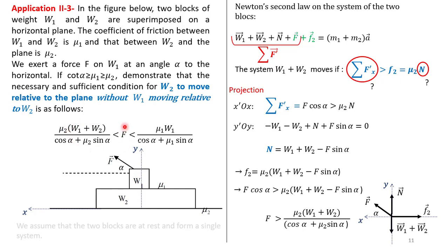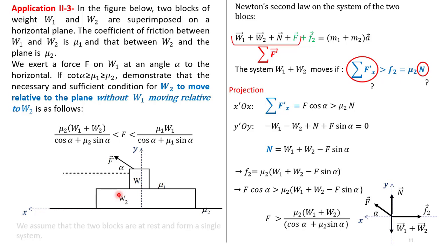Now we still need to prove the second inequality. As I said, we need to apply Newton's second law on another system to find that f is smaller than this quantity. So we have two options. We can apply Newton's second law on W2, but if you apply it on W2, you will not have an equation or any inequality including f.